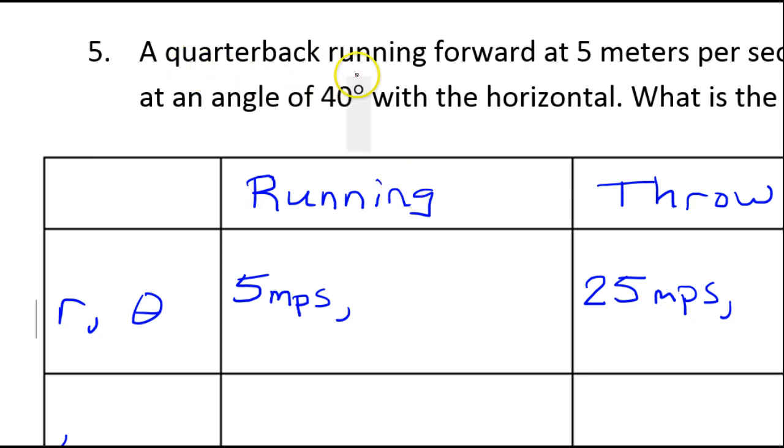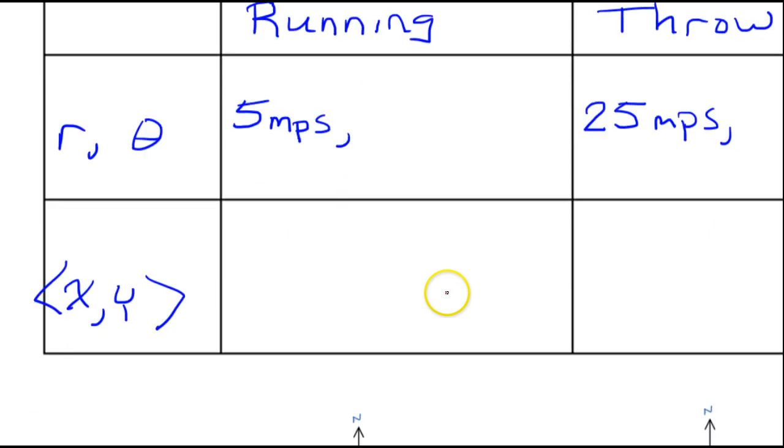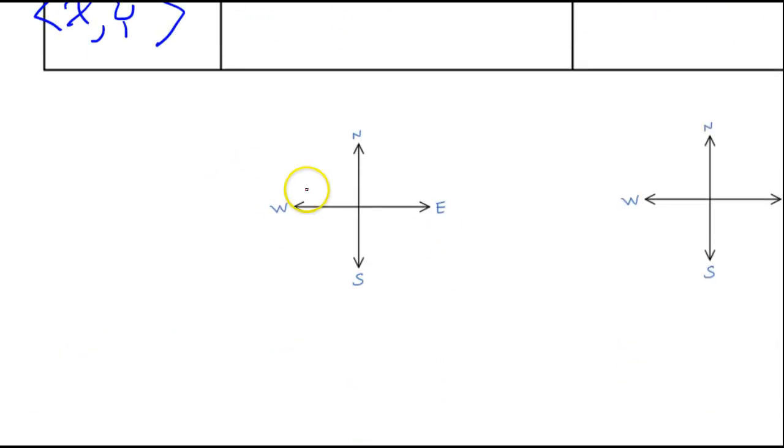The problem just says that the quarterback is running forward. So in my mind, I'm picturing the quarterback sort of running from left to right across my screen. So I'm going to go ahead and imagine that the quarterback is running east. Now if you had him running west or north, that's fine. Just pick a direction and stick with it.